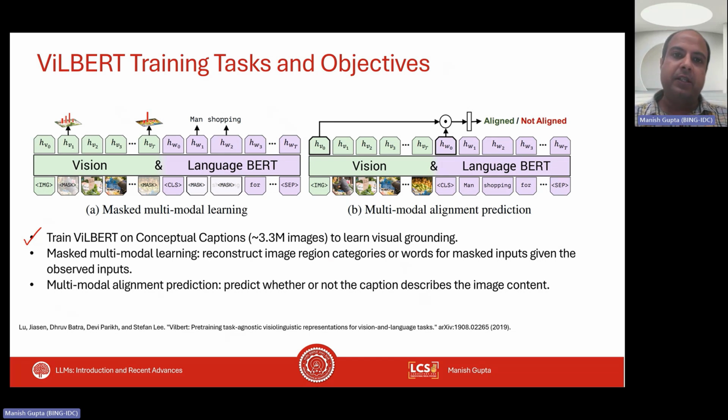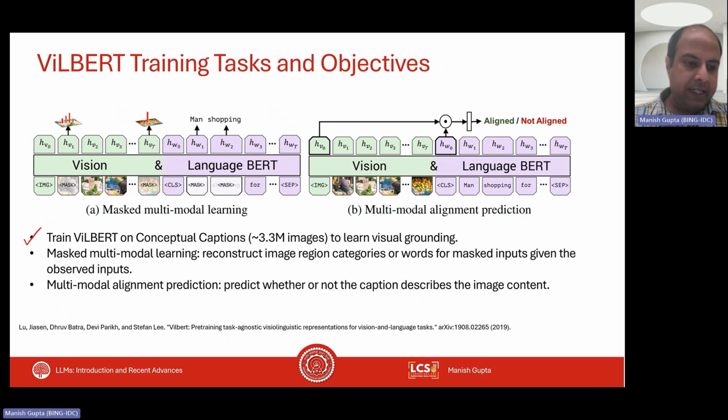There are also images with very nice alt tags associated with them. These serve as really good sources for caption information along with images, and that is what the Wilbert authors leveraged, so as to create the visual grounding data, visual image-text pairs, and then they pre-train the Wilbert model based on that.